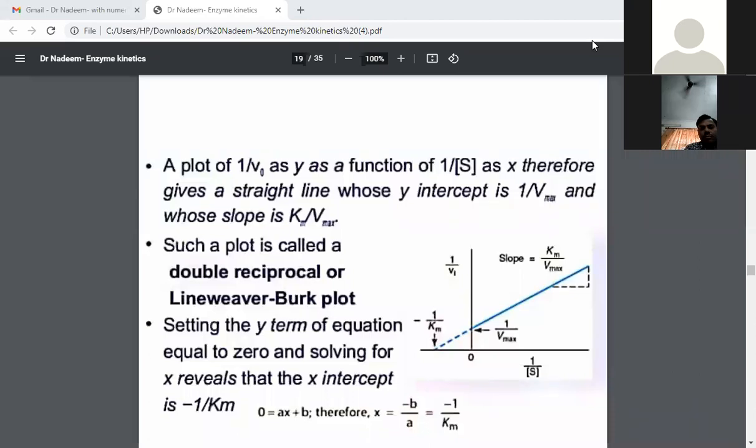The Lineweaver plot is also known as the double reciprocal plot, because when we slightly modify the Michaelis-Menten equation, we put the reciprocal of velocity and substrate, 1 by V on the y-axis and 1 by S on the x-axis.